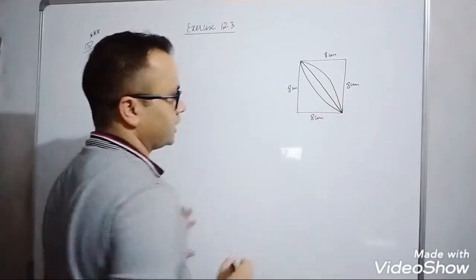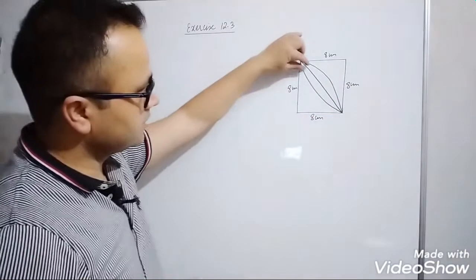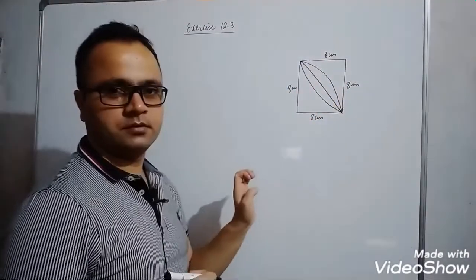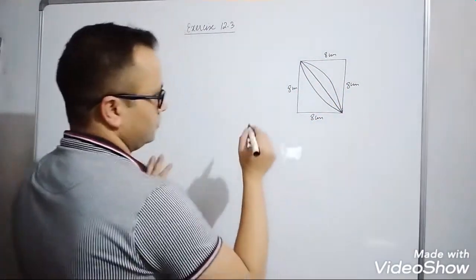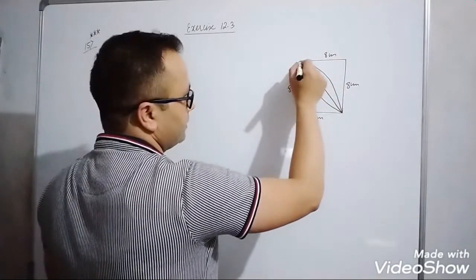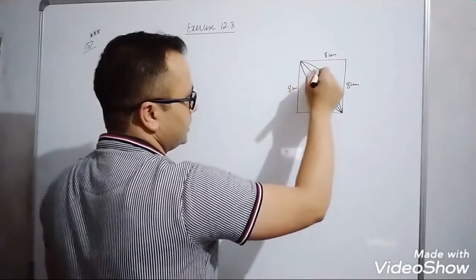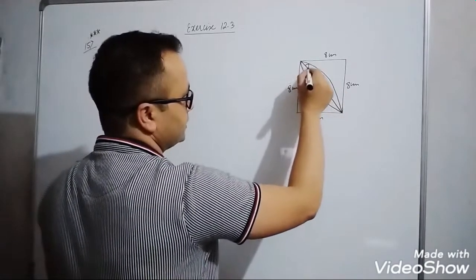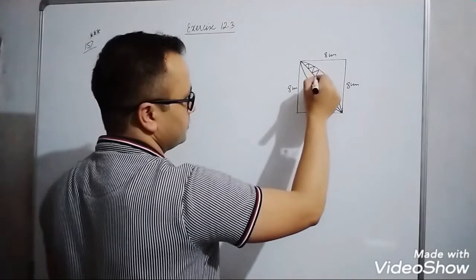Now there are two triangles. It is a design made by two quadrants. So we have to calculate the area of design. So for area of design, area of quadrant minus area of triangle will give this portion.